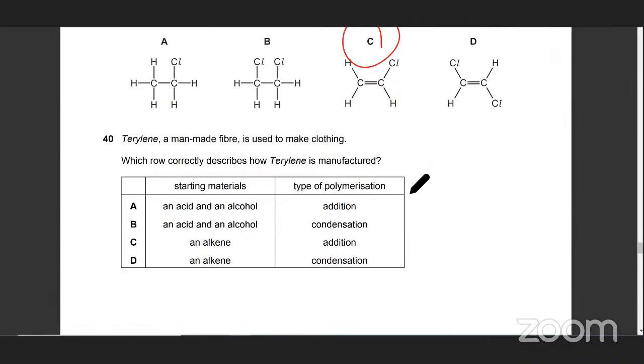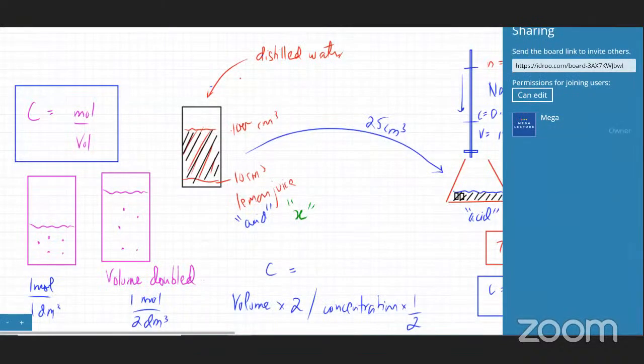The last one is terylene is a man-made fibre used to make clothing, which row correctly describes how terylene is manufactured. तो terylene क्या होता है? Terylene is a polyester. एक सेकंड, आपका कहाँ पे है?